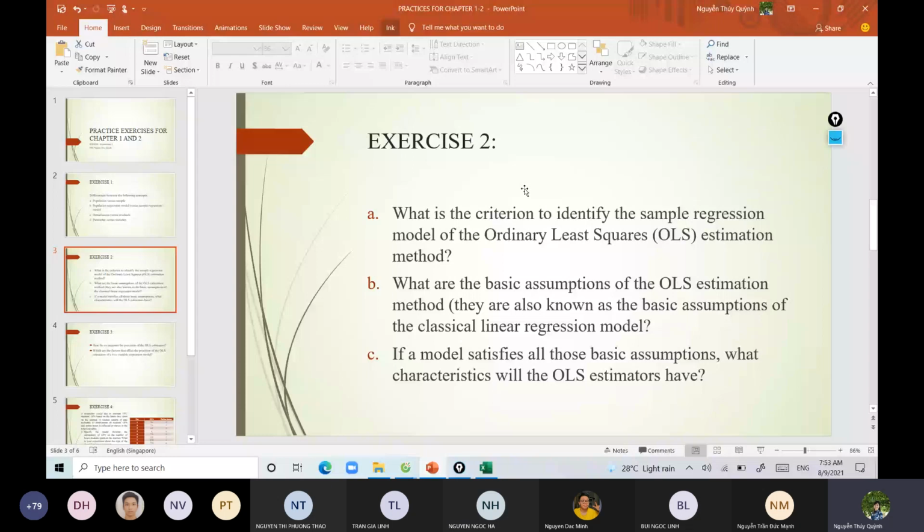To identify the sample regression model, not to choose the sample, to choose the sample regression line. What is the criterion? We have a lot of lines in the coordinate system. So why do you choose that regression line? Why do you choose that?